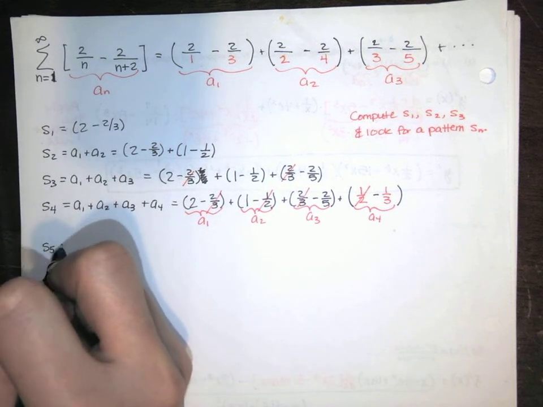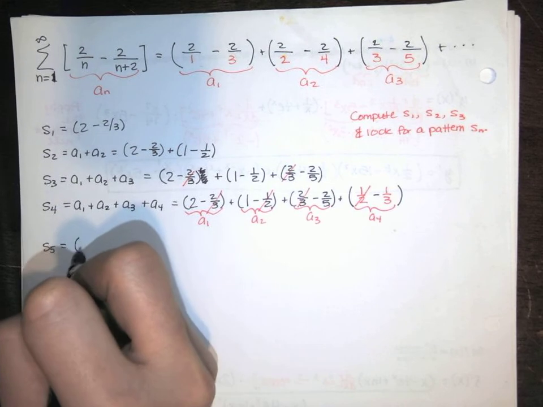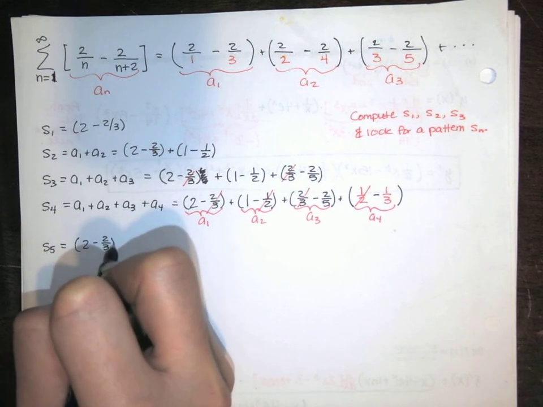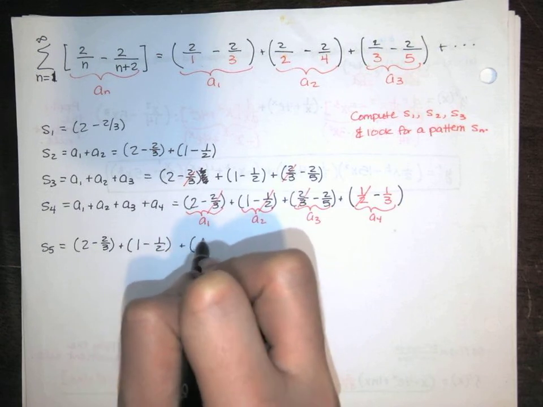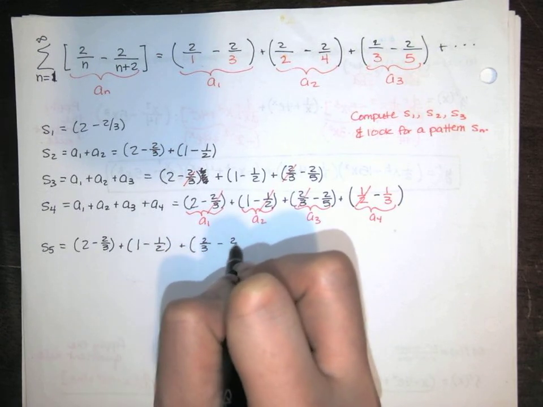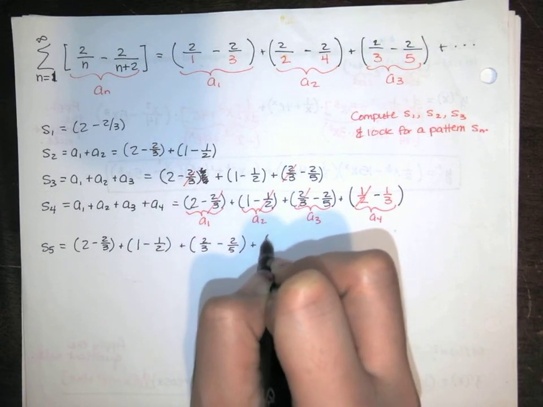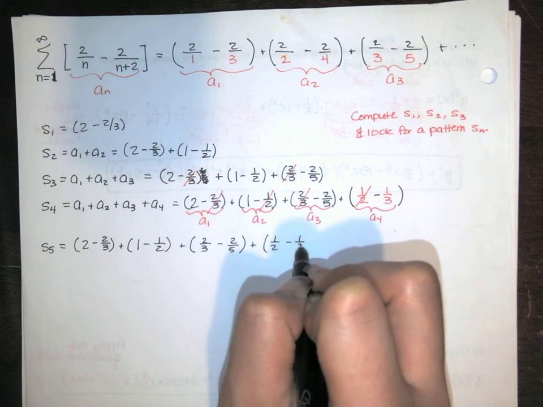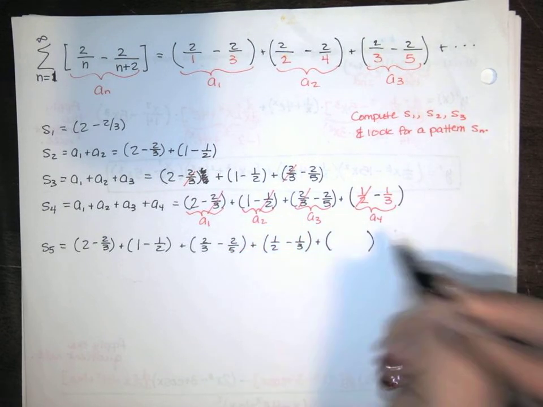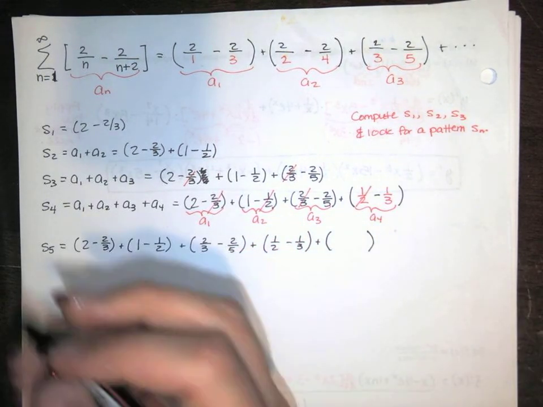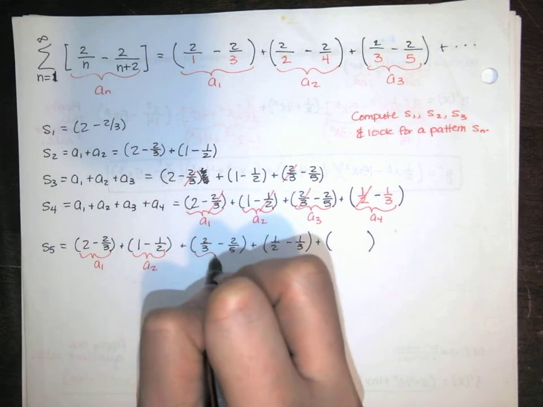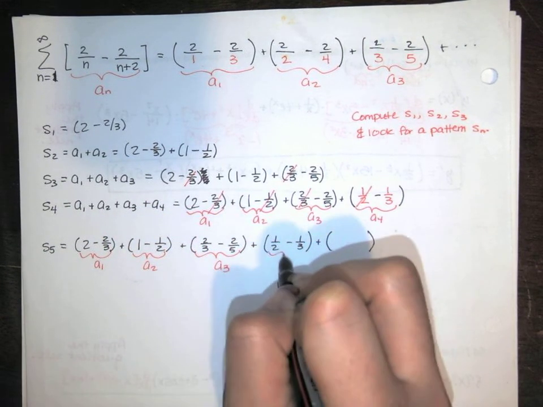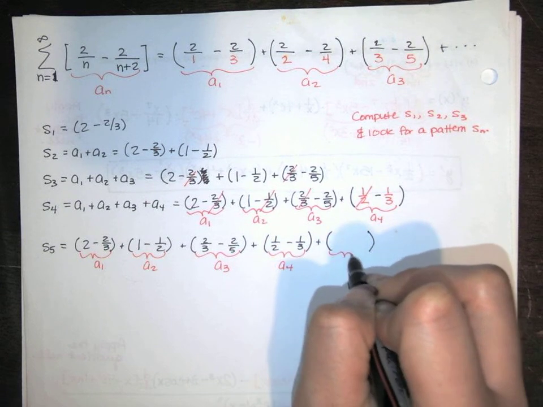I know it might seem like overkill, but I will be more comfortable if I can see that pattern. So here is a sub 1, a sub 2, a sub 3, a sub 4, and the last one is a sub 5.